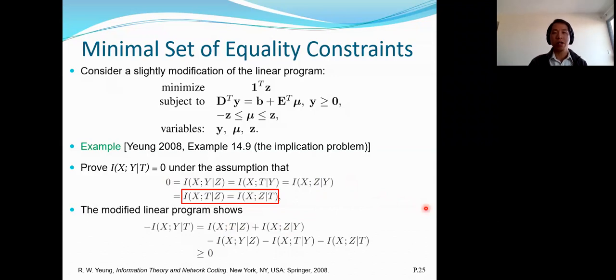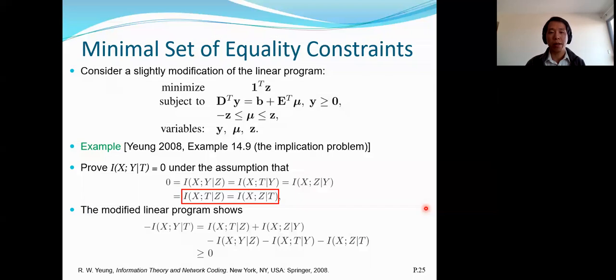So it is interesting to know the minimal set of equality constraints for an information inequality, because when we consider a system, at the beginning, as we discussed before, we may not be very sure which inequality we want to prove, and then we make some assumptions.